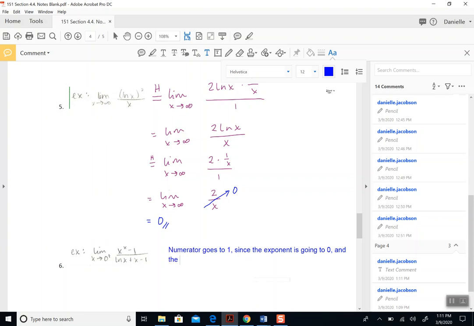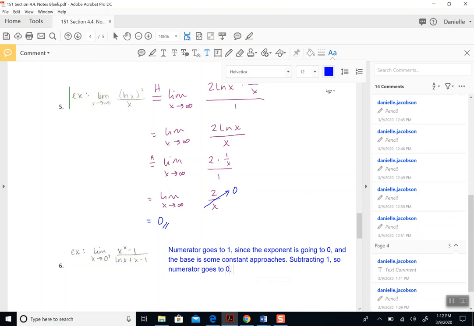We know the base is some constant approaching 0, but it doesn't hit it. Anything to the 0 power is 1, so that would be going to 1, and then you're subtracting 1, so the numerator goes to 0.